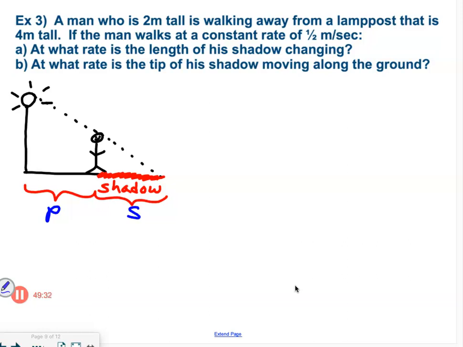Okay. So we've drawn our picture and identified our variables. Let's start writing what we know. The man walks at a constant rate of 1/2 meter per second, and he's walking away from the lamppost. So the man is walking this way. What would I label as a half?